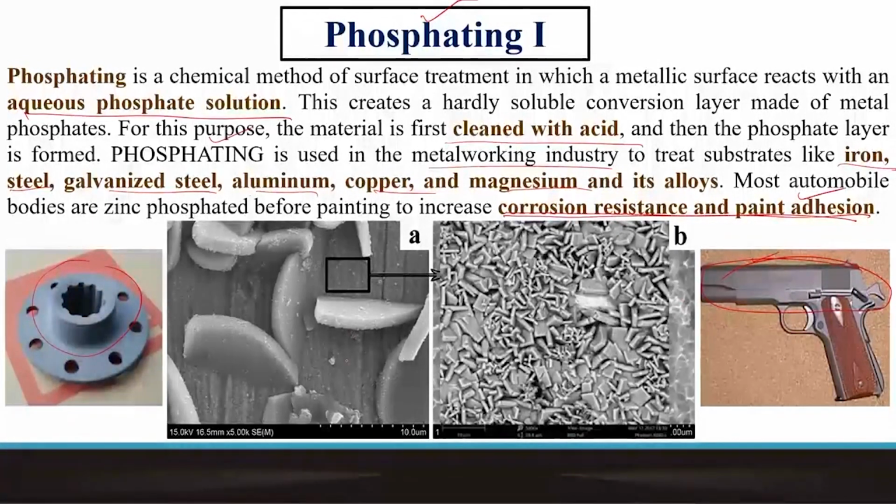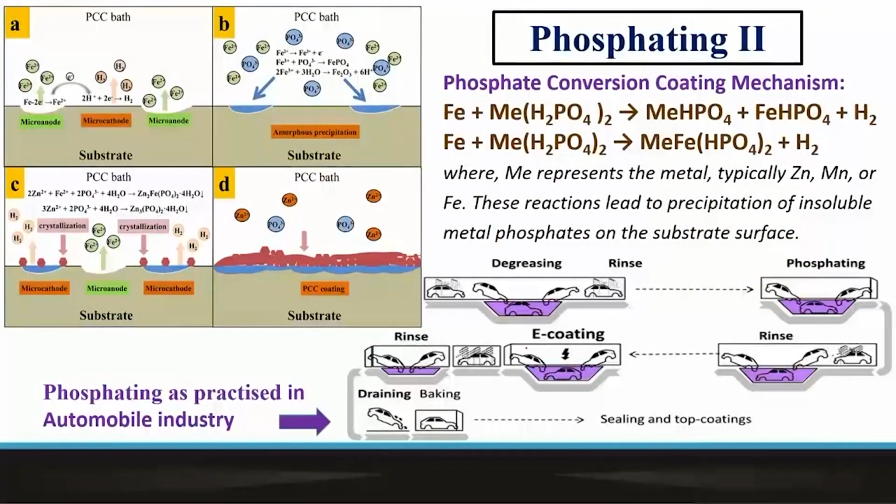Now, the surface typically will look like this, and if you zoom in, then you will see at higher magnification that the surface is covered by these kinds of phosphate compounds. These compounds are the products of such conversion reactions, which is what actually offers you the protection.